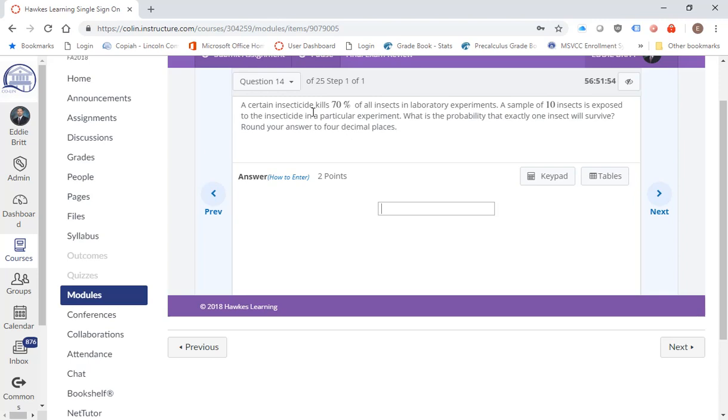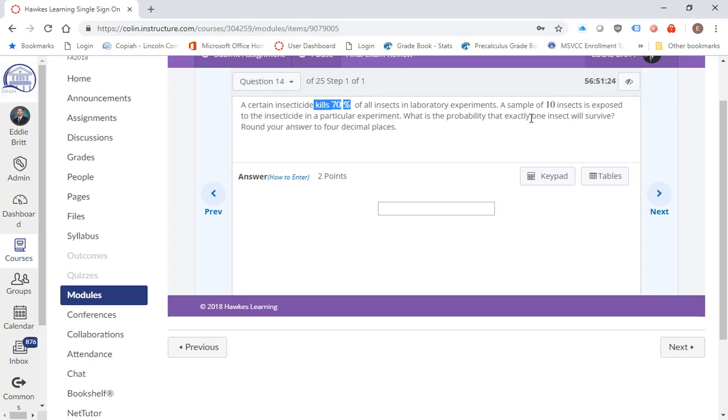All right, a certain insecticide kills 70% of all insects in laboratory experiments. A sample of 10 insects is exposed to the insecticide in a particular experiment. What is the probability that exactly one will survive? All right, the first thing that stands out to me is this is the percentage that it kills, but we're trying to figure out exactly one survive.